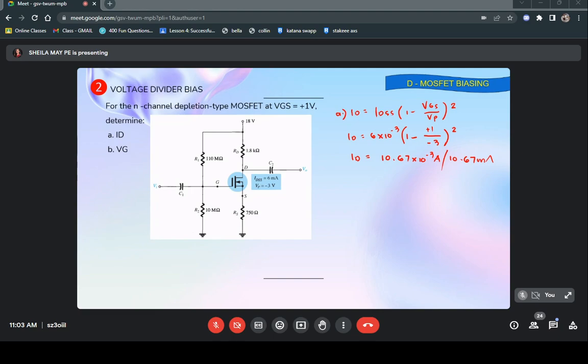Let's solve this one. We need to solve VG.